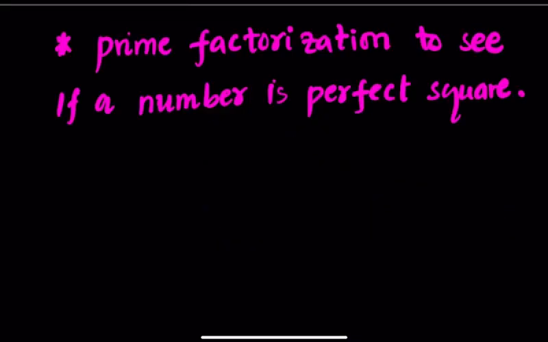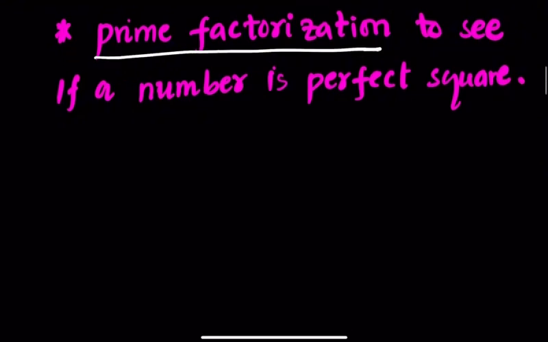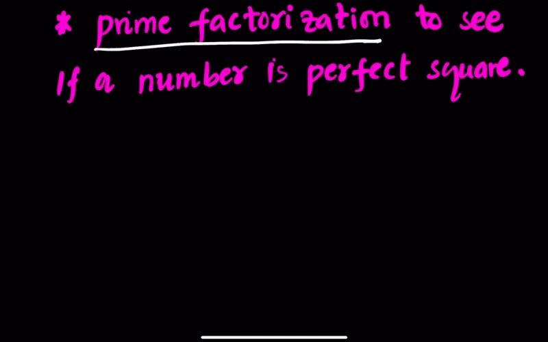Now let's go through a technique to see if a given number is a perfect square or not. This technique is called prime factorization, which is to factorize everything into prime numbers. Let's take an example. Let's say we have 20. Is this a perfect square? To see this, we need to factorize 20 into prime numbers.